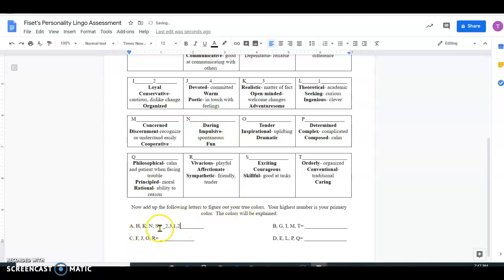And then S, let's just say it was a 1, so I'd add another 1. And then I just add them up. 2 plus 3 is 5, plus 1 is 6, plus 2 is 8, plus 1 is 9. You can just put the total numbers if you want. You don't have to do it like I did. I was just trying to show you. So 9 right here, that's really my number.